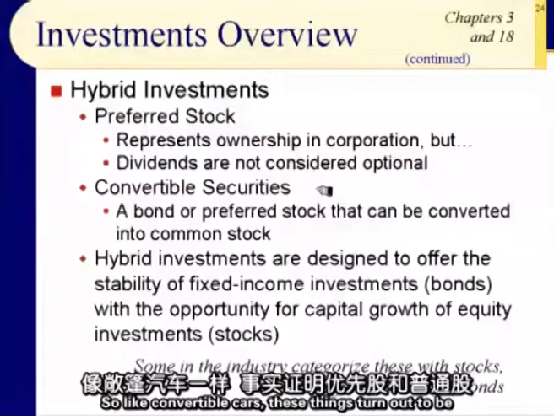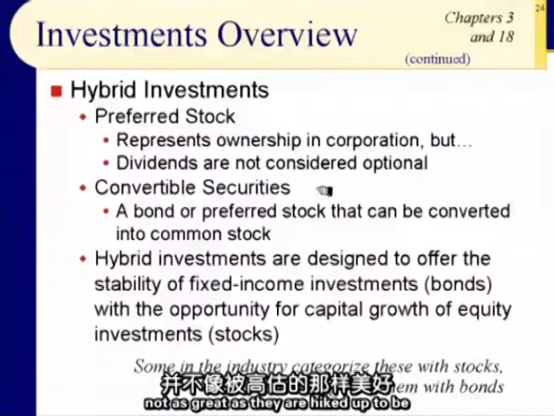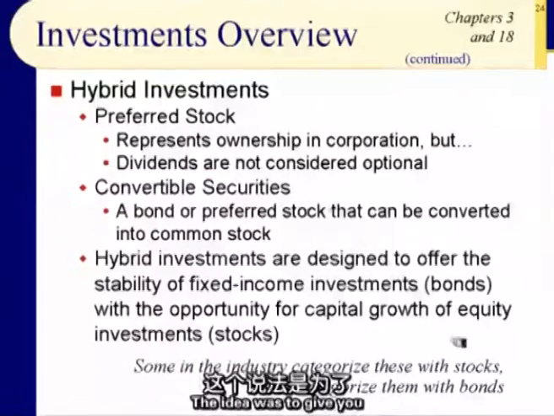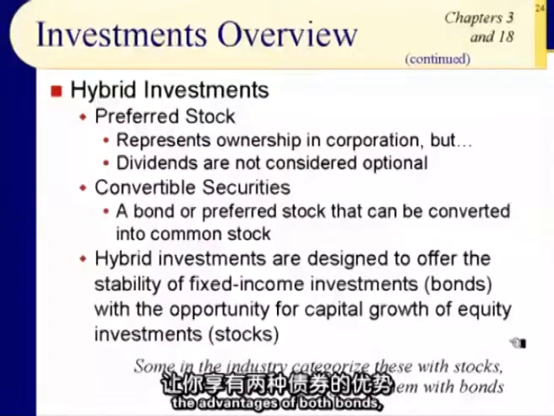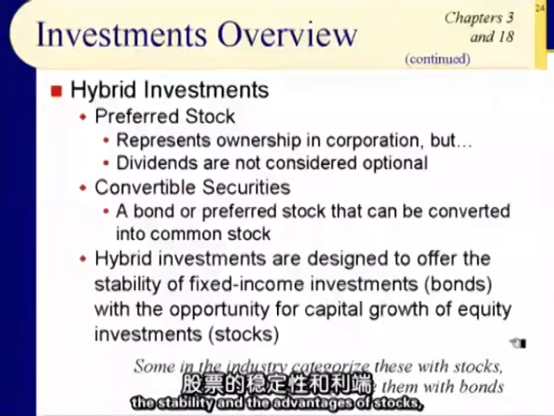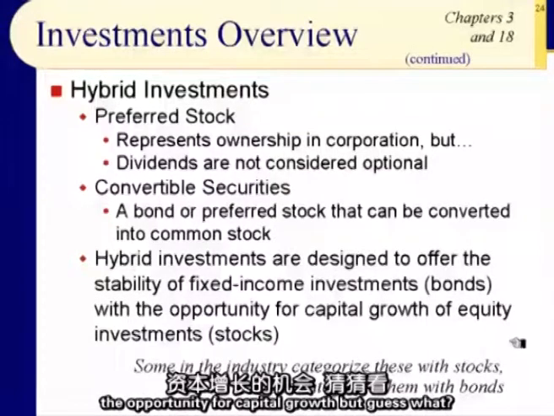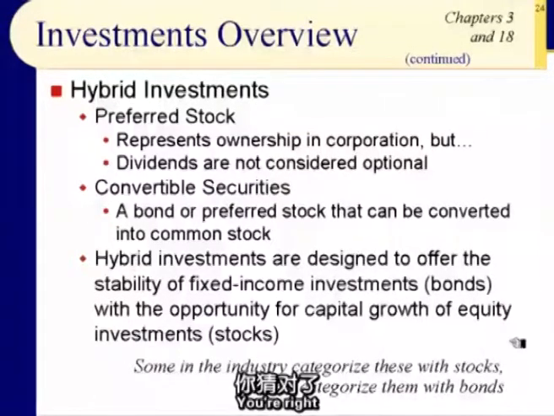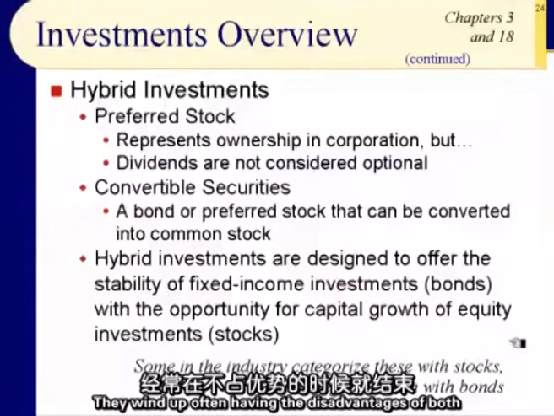So like convertible cars, these things turn out to be not as great as they are hyped up to be. The idea was to give you the advantages of both bonds, the stability, and the advantages of stocks, the opportunity for capital growth. But guess what? They wind up often having the disadvantages of both, right?